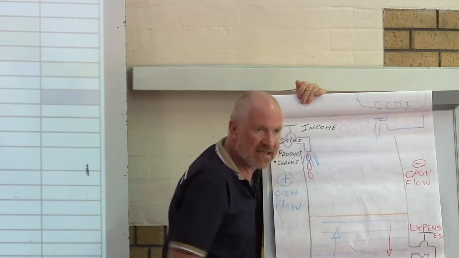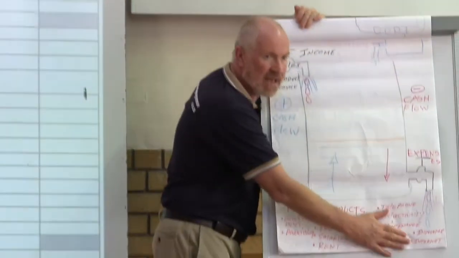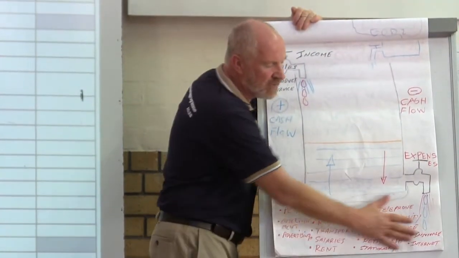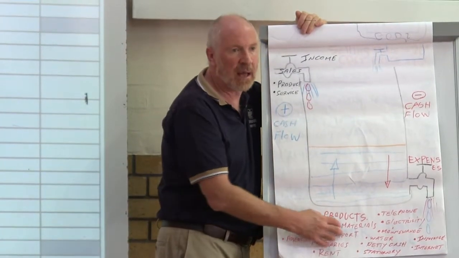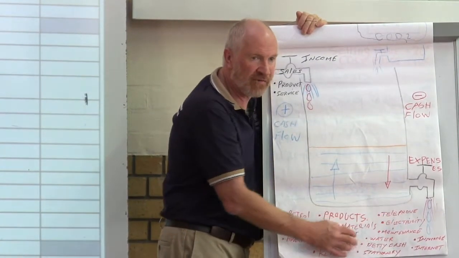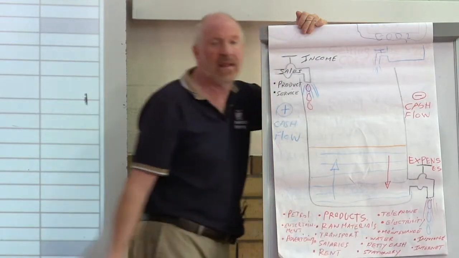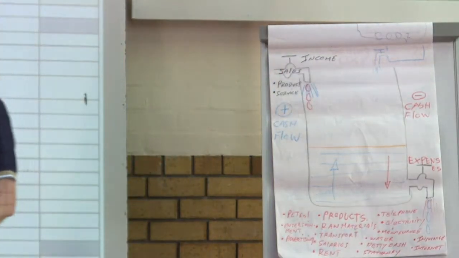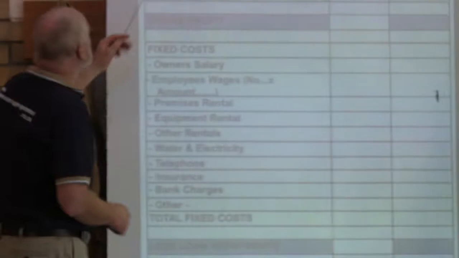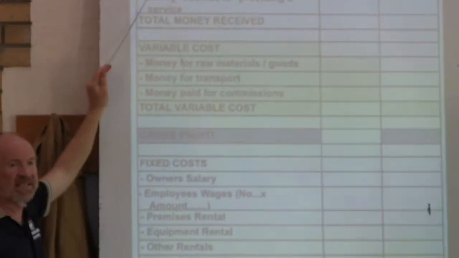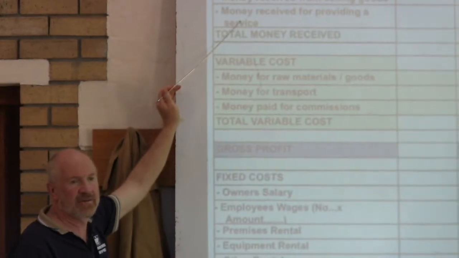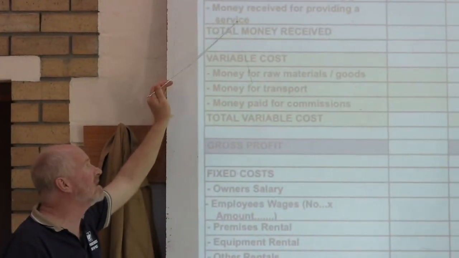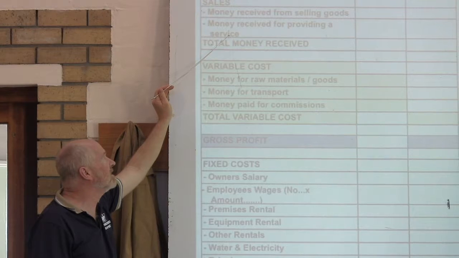And there are many ways that the business money can leave a business, and all of these are the expenses of the business. And they're broken up into variable cost and fixed cost items. Now we're going to separate them out in an income statement. Okay, so money received from selling goods, money received for providing a service. Those are the only 2 ways that one can receive money into the business.